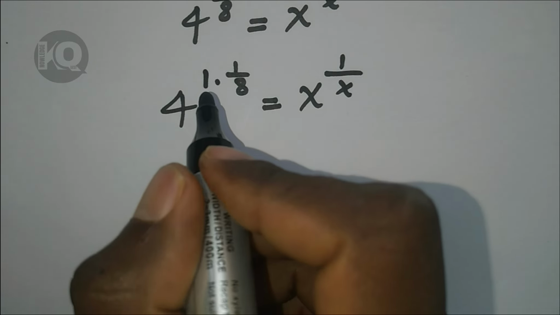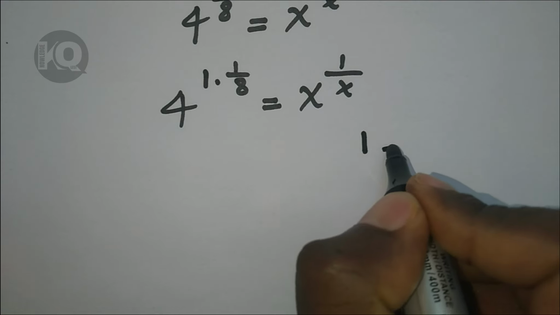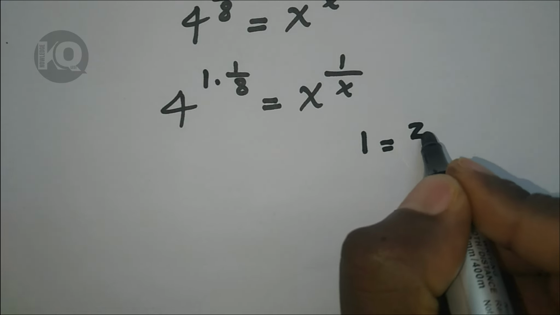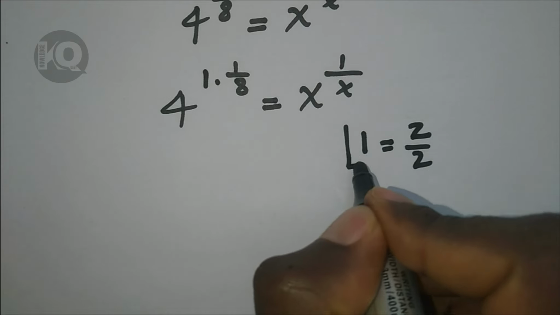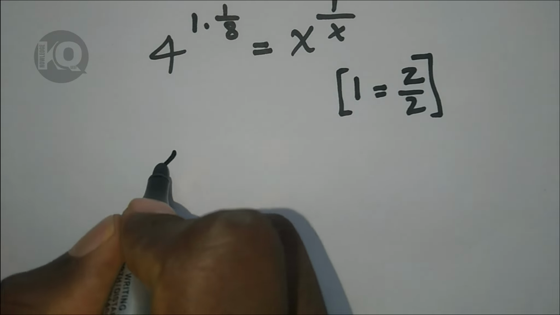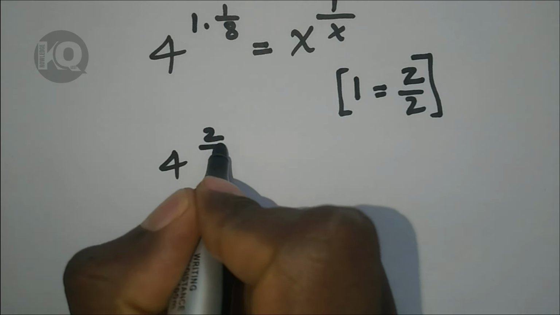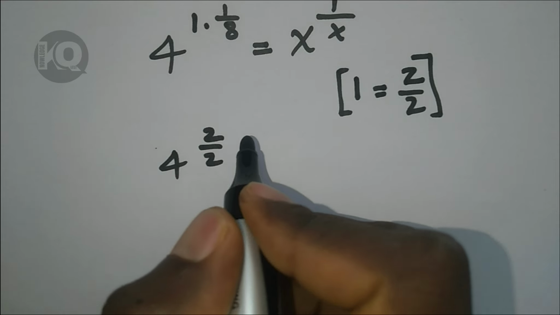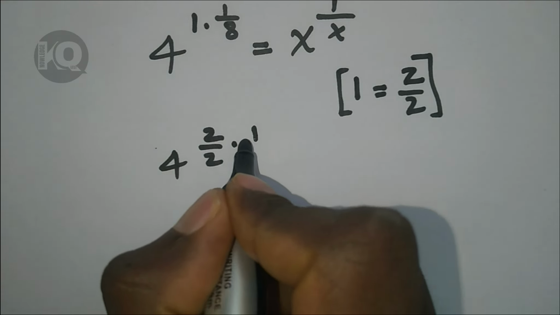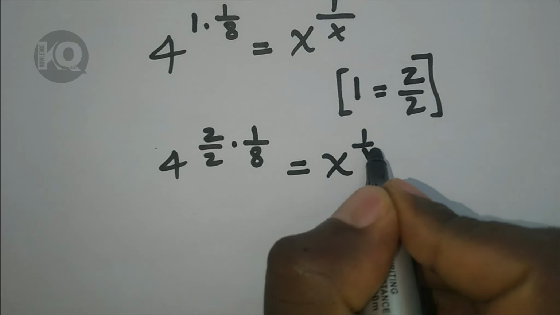So we can write this 1 as 2 over 2. So 4 to the power of 2 over 2, times 1 over 8, equals x to the power of 1 over x.